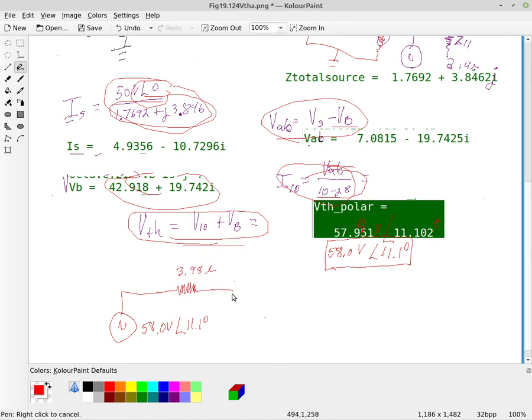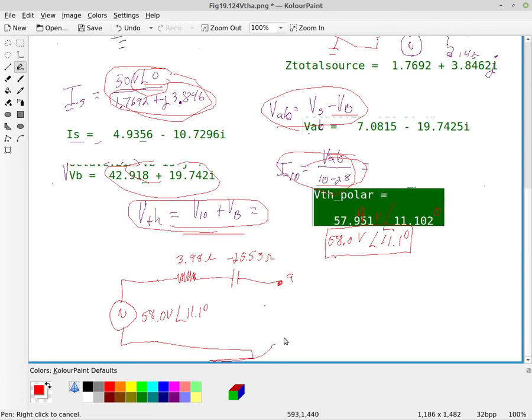And then we know that we have a capacitor, which is minus j5.5279. So that 7 is going to round up and make that a 5.53 ohm impedance in our capacitor. So this is point A, and this here then is point B. All right, so that is our Thevenin equivalent circuit.